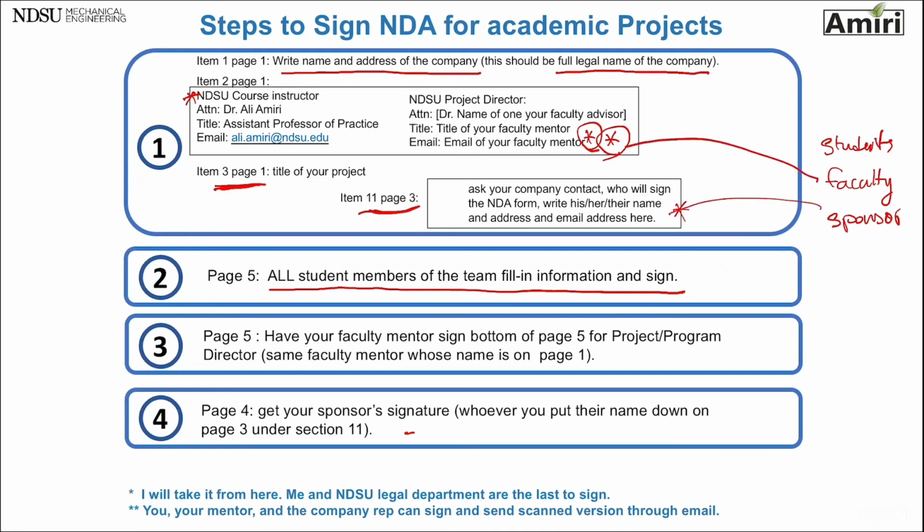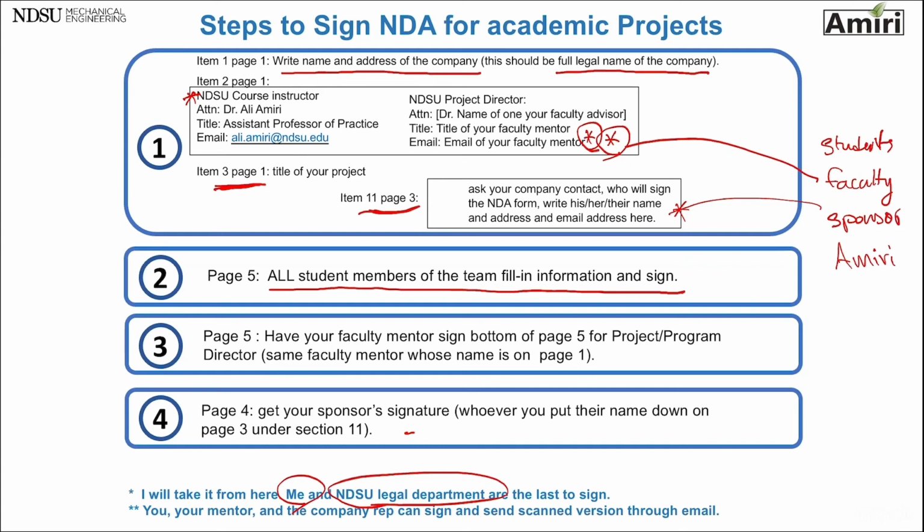And when everything is done, you just upload it to Blackboard, which we're going to talk about. I am the last one to sign, and NDSU Legal is the last to sign. You can get together, sign in person, then scan and send it to faculty, or you and faculty can all sign and then scan and send it to a sponsor, whichever you want to do.